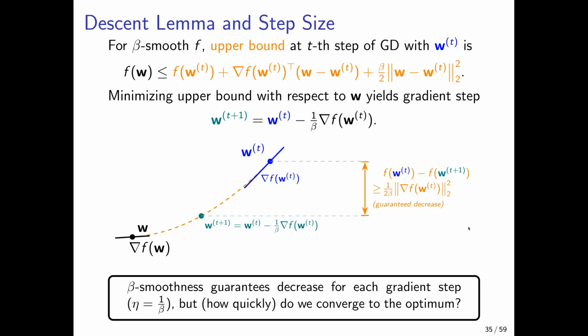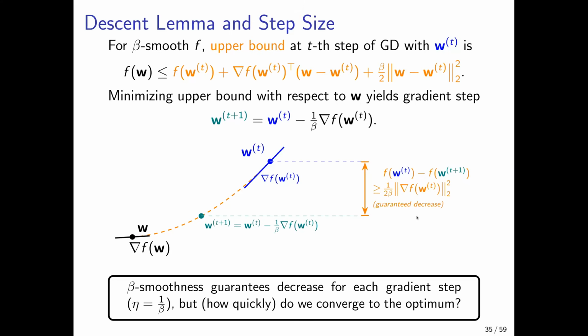And so this means if we have this beta smooth function and we are doing a gradient step with the step size 1 over beta, we are having some guaranteed decrease of f. And so learning or minimizing with gradient descent works in this case.